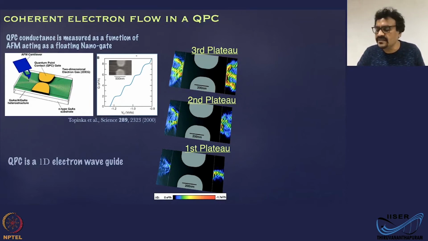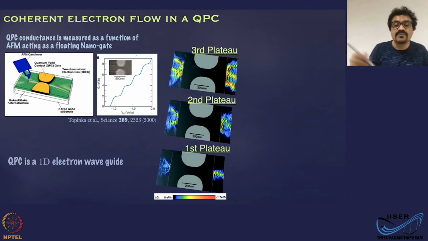The idea here is, you have this one-dimensional channel which looks like a coherent flow of electrons through the channel, and you want to sense it. Are there modes? Because the theory says there are modes. Can we visualize it? Can we see those modes?